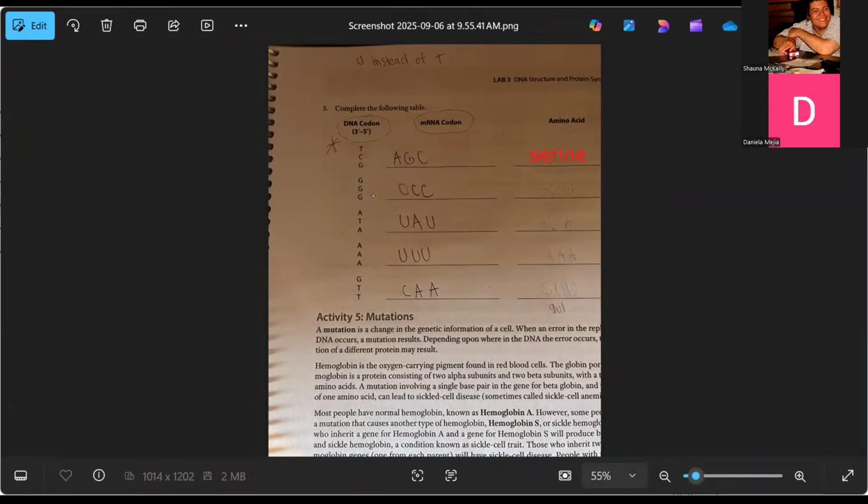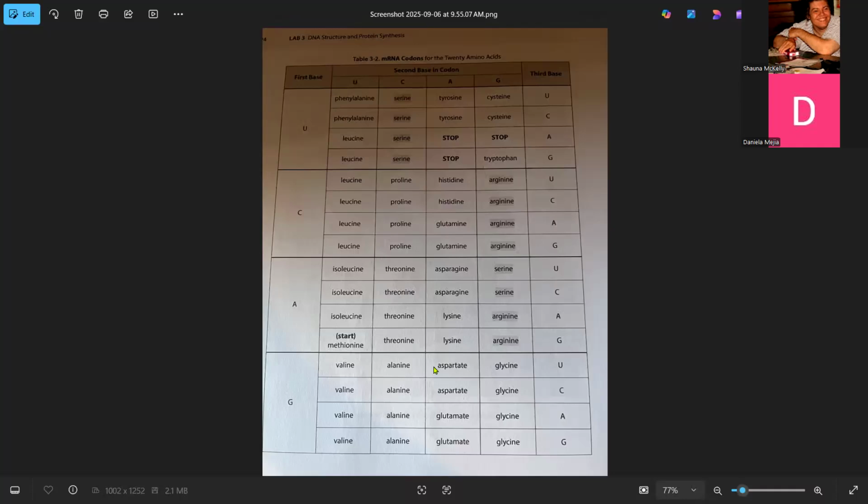The second one is GGG, so that would have been CCC. So then you would have gone back to your other page. It's a CCC. So the first base is C right here.